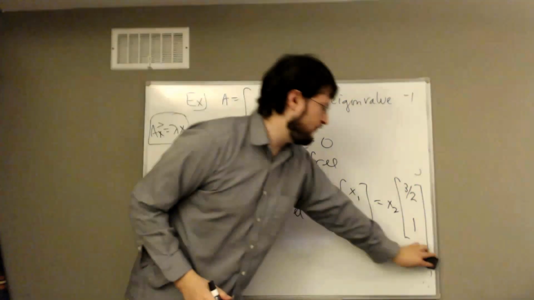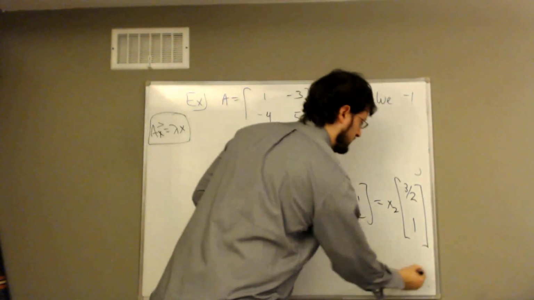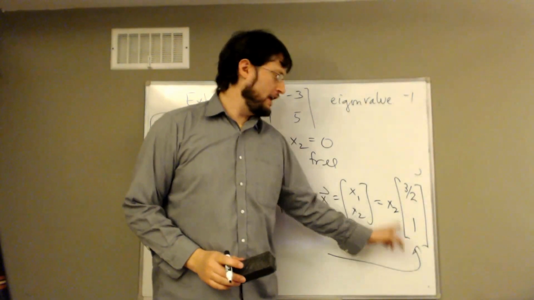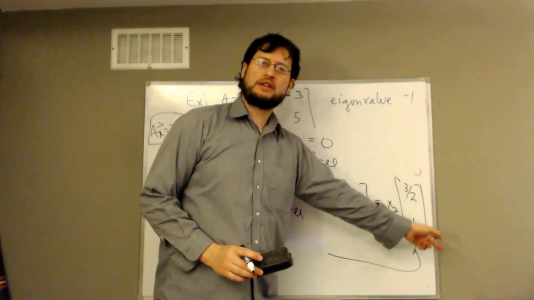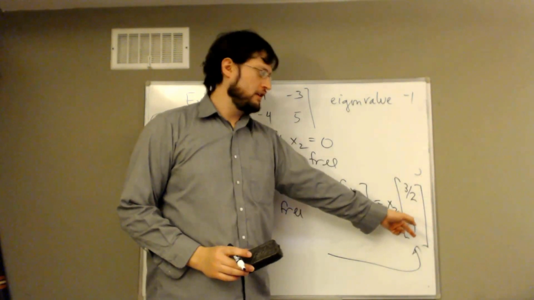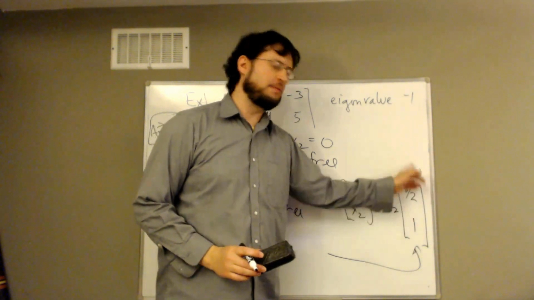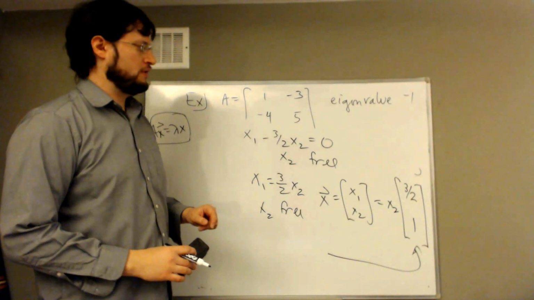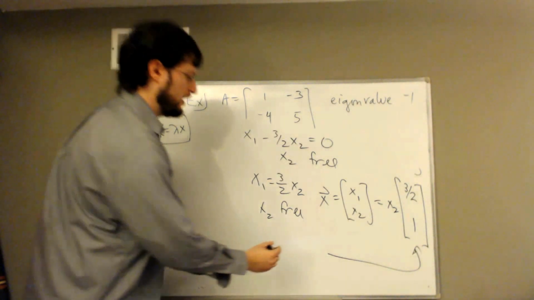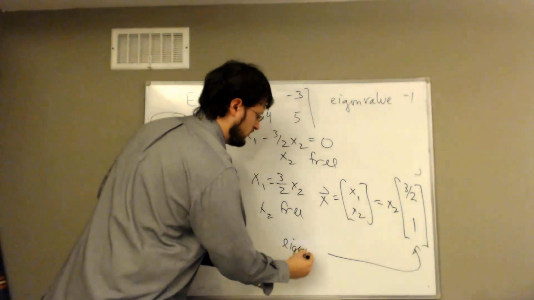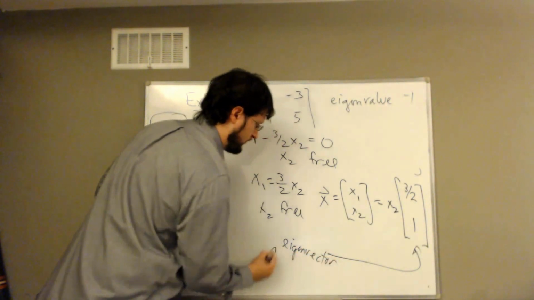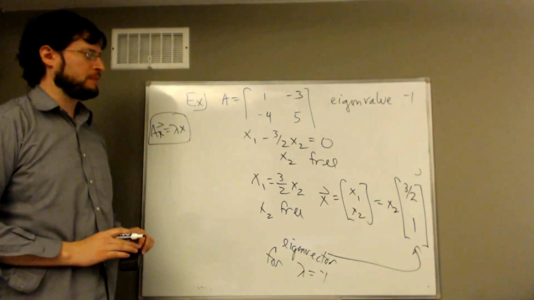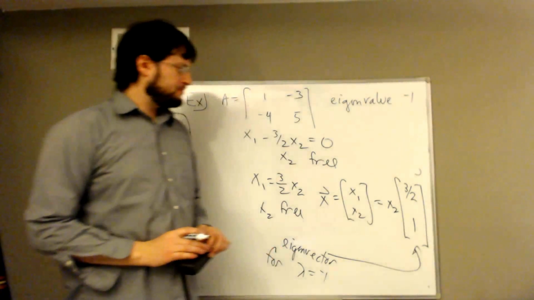Which means an eigenvector is this. So in fact, any multiple of this vector is still an eigenvector. But this is the fundamental one that we get by working out our solution. So this is an eigenvector for the eigenvalue -1.